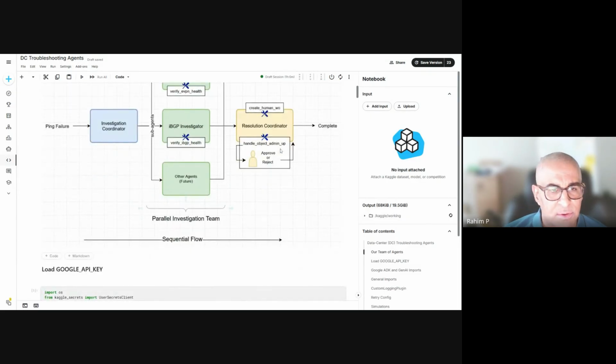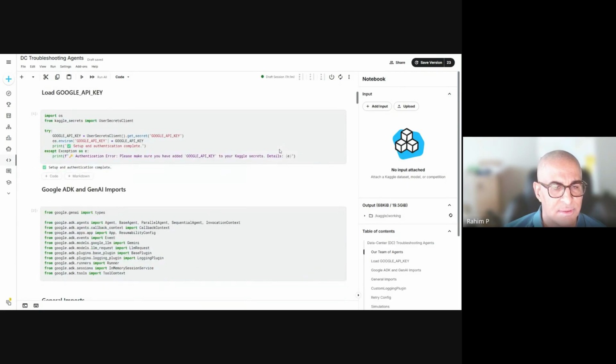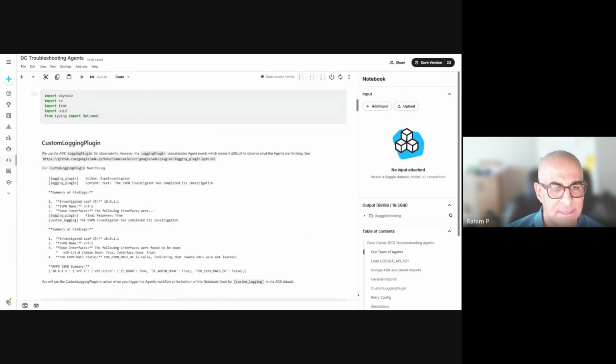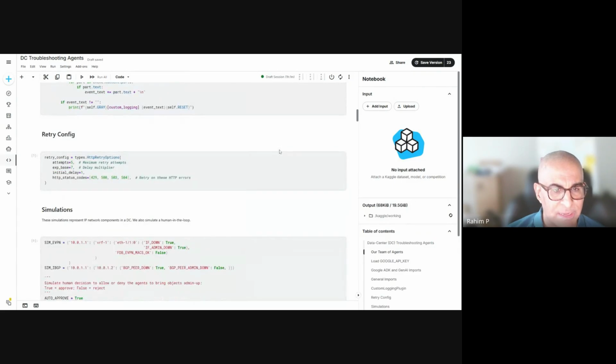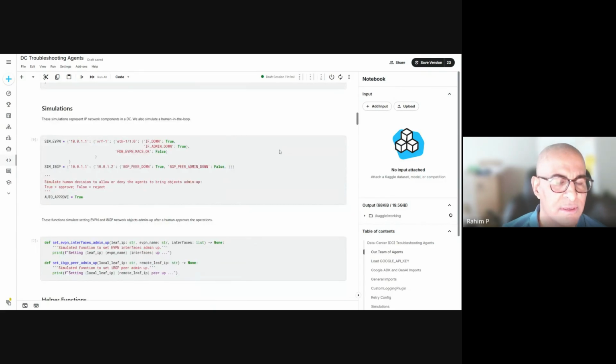So let's run through this Kaggle notebook. I've run a lot of these cells in advance to save time. Please do play with this notebook. Of key here is the simulations. Feel free to play with these Boolean values to simulate different failures in the network.